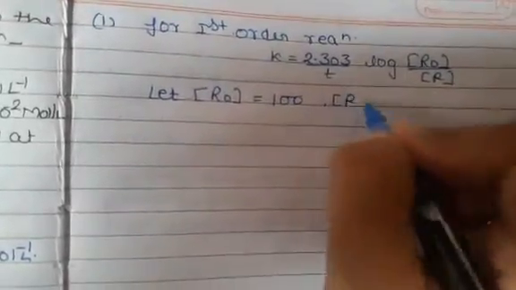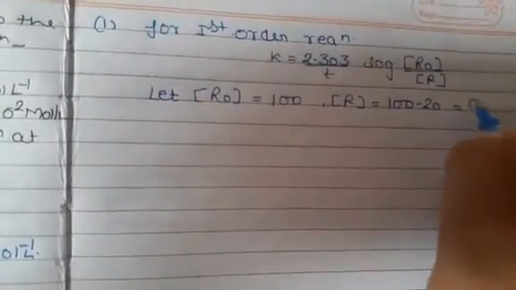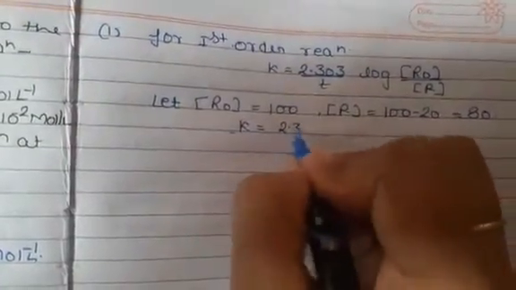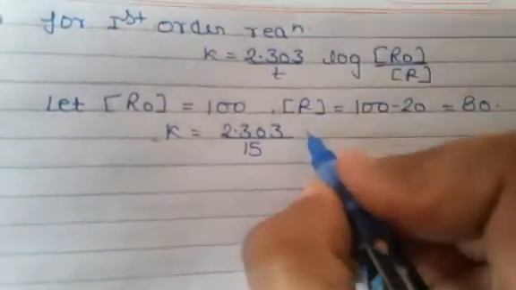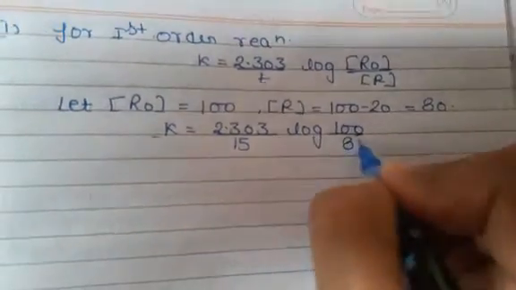Then R becomes 100 minus 20, because 20%, so it is 80. Now K equals 2.303 upon, it takes how much time? 15 minutes for 20%. So it becomes 15 log 100 upon 80.